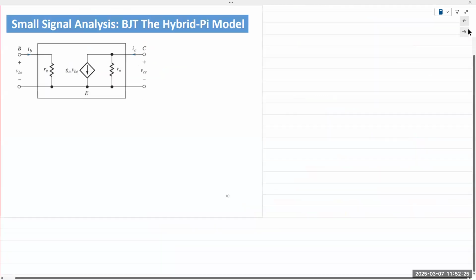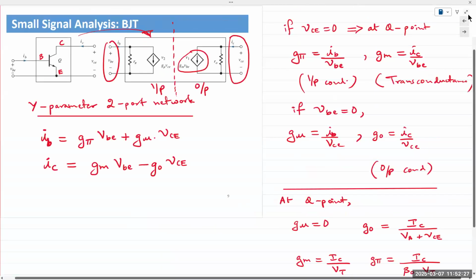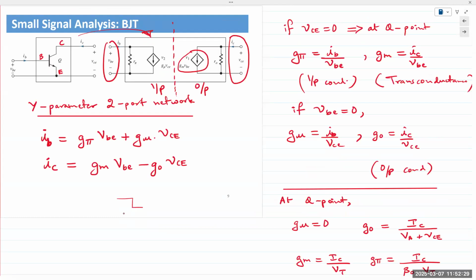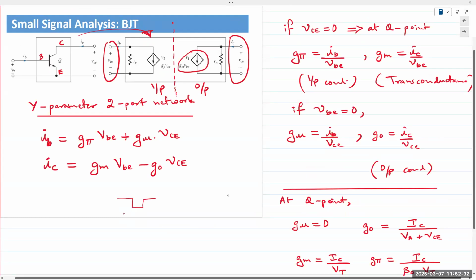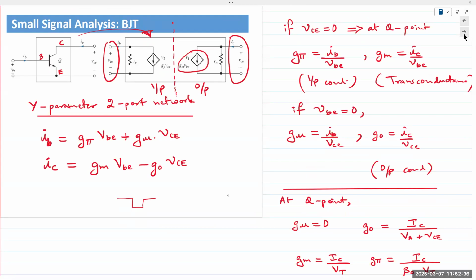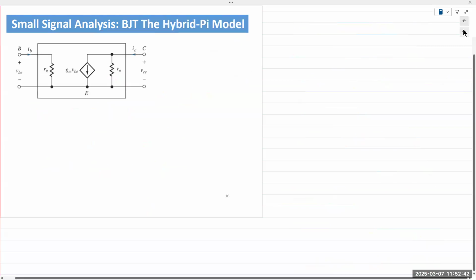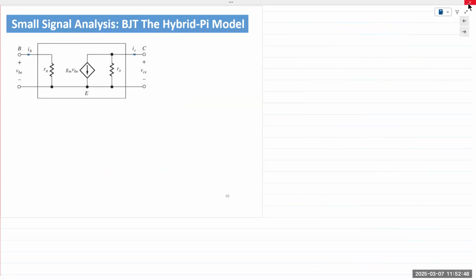There's a simplified model. This is known as the pi model because it looks like a pie, apparently. It looks like this, inverted. And so the modification of the previous model is known as a hybrid pi model.